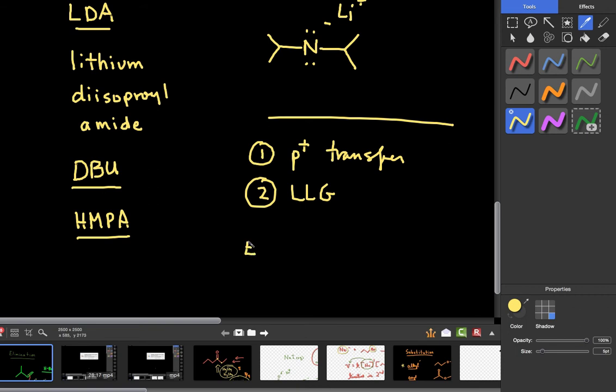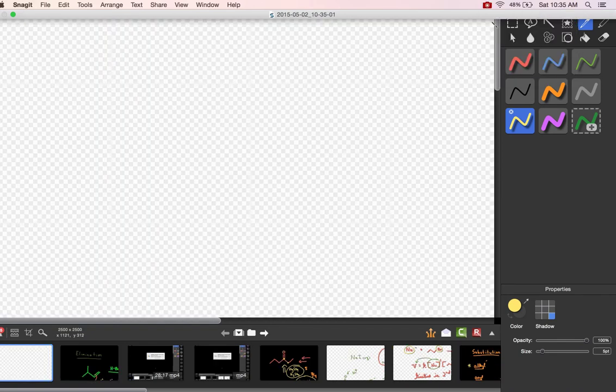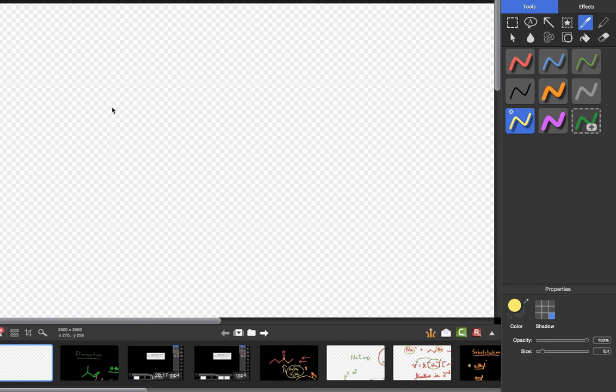Not surprisingly, this is called E2. And one in which we form a carbocation intermediate, and then we have the relevant proton transfer. Not surprisingly, this is called E1. Of the two, E2 is by far and away the most common mechanism. So let's take a look at what an E2 reaction looks like and also discuss the stereochemical limitations of it. All right, so let's consider our previous example.